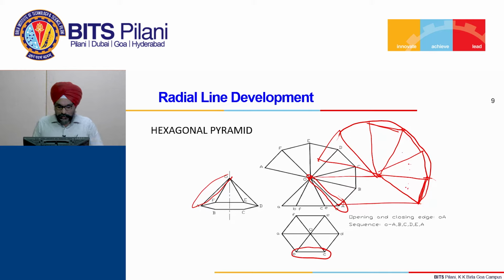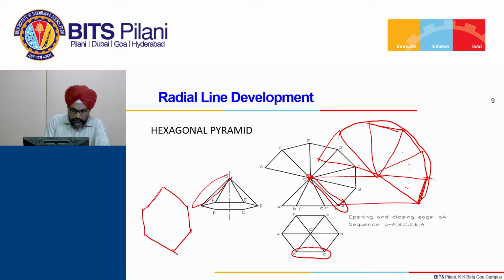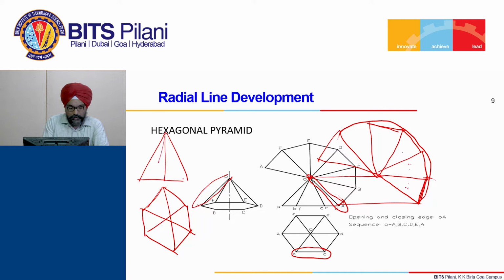Now, there may be a situation when the hexagonal pyramid's top view could have been placed like this. Yes, this could have also been the situation, you get it. In that case you cannot use this length.